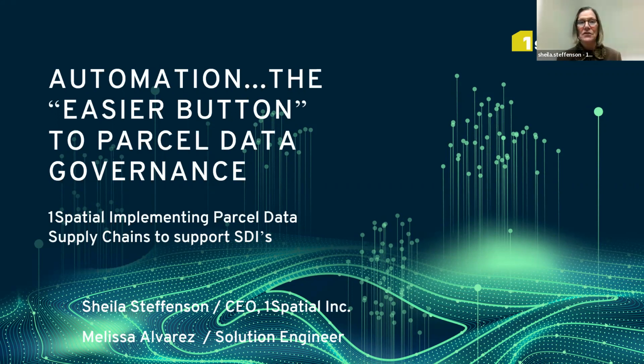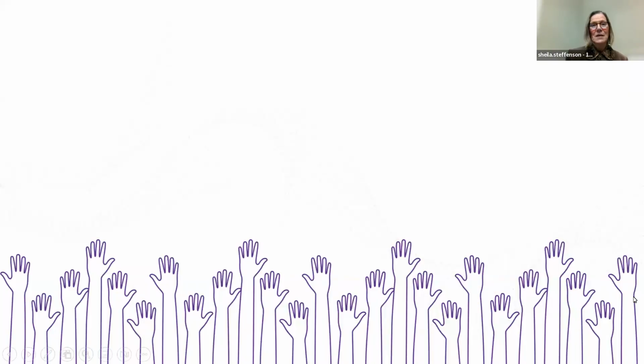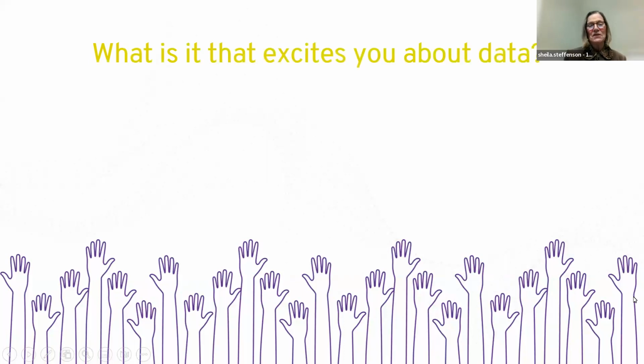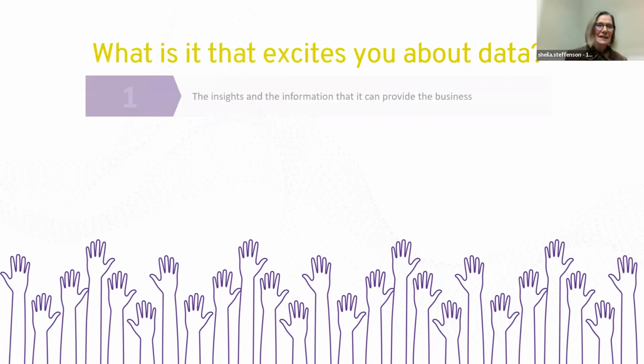So Melissa, can you go to the first slide? Oops. All right, so first start out with a question. What is it that excites you about data? Now, you don't have to answer this, but just think about these things. Number one, is it the information that you get from the data when you examine the data and the information that you use to do your business or your work more efficiently and effectively?